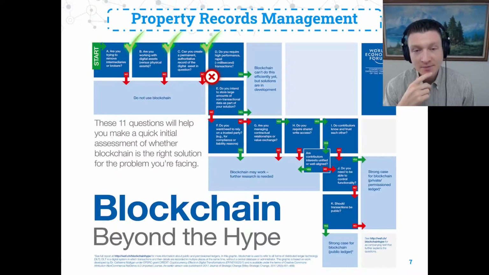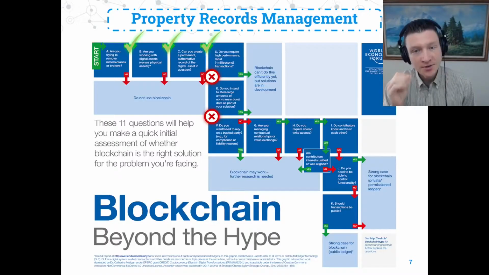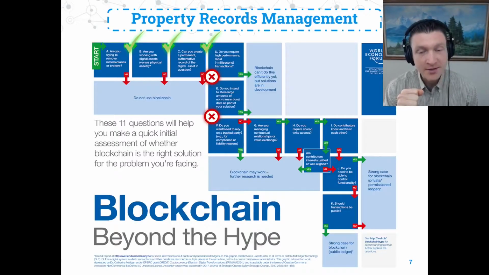So something to consider. Do we intend to store large amounts of non-transactional data as part of the solution? I think that Imbrex in particular is not proposing to do this. But as we dive deeper, it depends on how much of this non-transactional data they'd like to store there. If you wanted to have, for instance, bids for this particular property in an auction-type mechanism, that might have plenty of interactions happening for one transaction to settle, so there might be large amounts of data, as well as potentially things like blueprints.